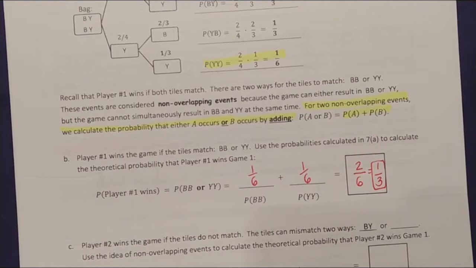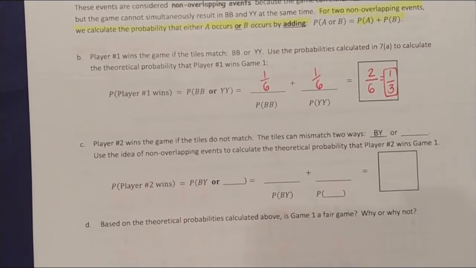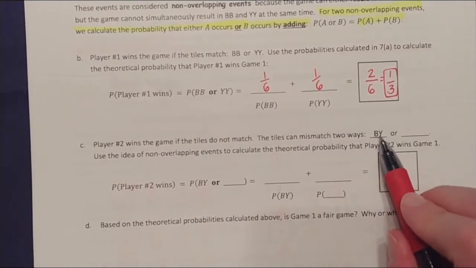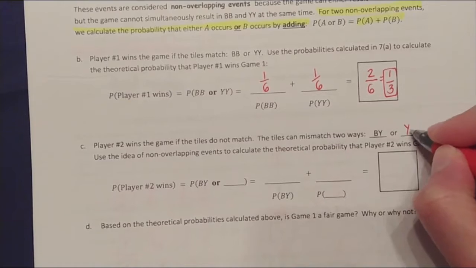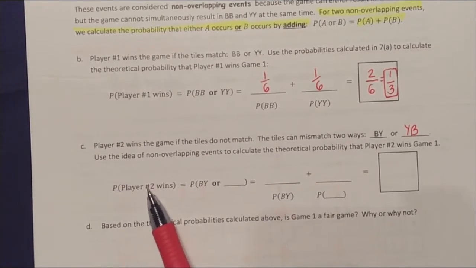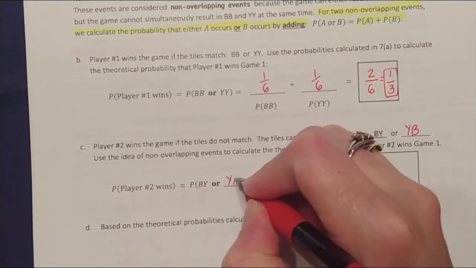Now, what if player 2 wins the game if the tiles do not match? And they can be mismatched in 2 ways. You could have a blue and then a yellow, or you could have a yellow and then a blue. Use the idea of non-overlapping events to calculate the theoretical probability that player 2 wins game 1. So, the probability that player 2 wins means we can have the probability of it being blue, yellow, or yellow, blue.